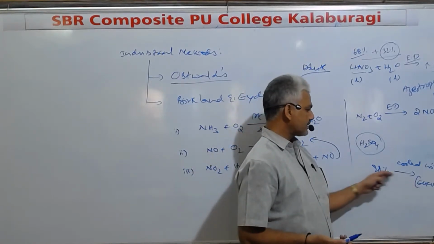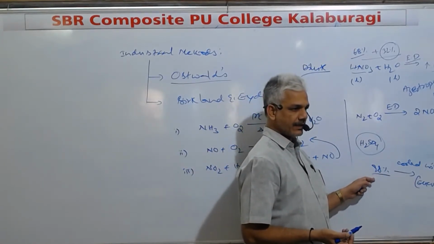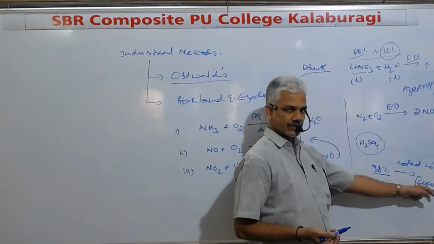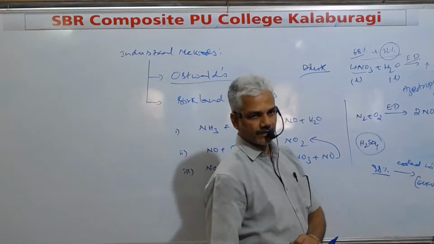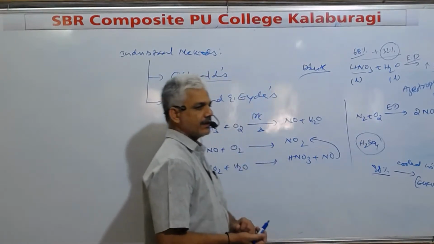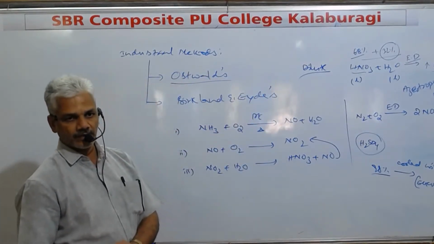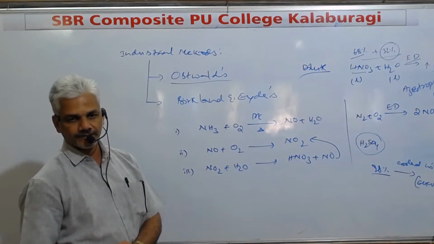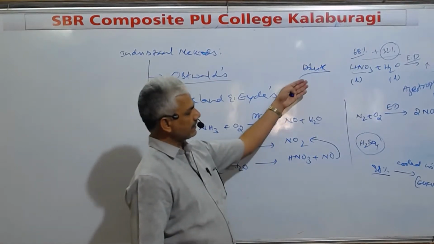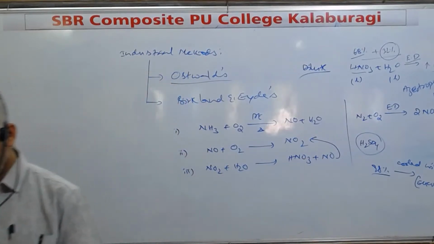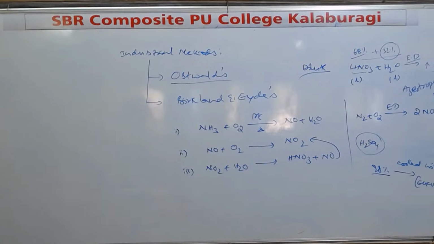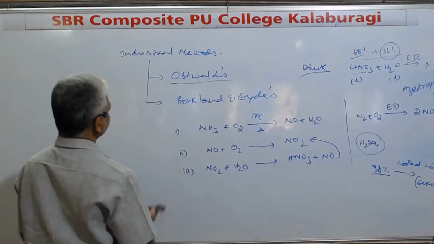When this 98% concentrated nitric acid is cooled with this mixture, called a freezing mixture, then the remaining 2% of water is also removed, and you will get 100% pure nitric acid. So that is regarding concentration of nitric acid. Right. Then, what are the properties of this nitric acid?